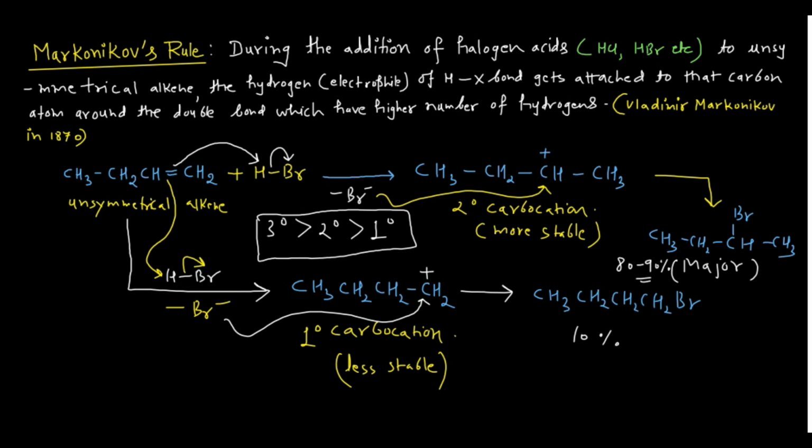It could be any percentage, but it would be higher than the other isomers, right? So this is the mechanism. Whenever you have an unsymmetrical alkene, you will always have more than one product, and these reactions are not very important. Why? When more than one product forms in a particular kind of reaction, the percentage yield of the desired product would be less, right? Now this is one thing.